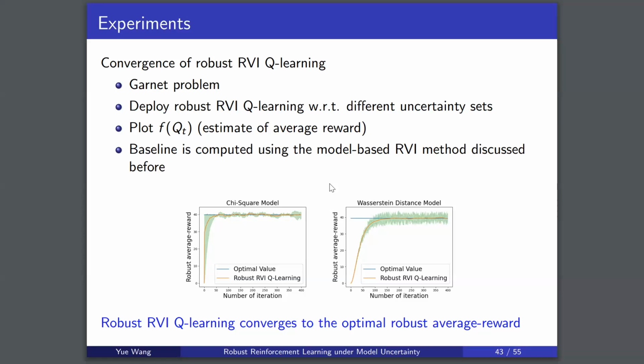The blue curve here is the baseline, which is computed using the model-based RVI method, which we discussed before. So the blue line here represents the optimal robust average reward function, and the result shows our algorithm will converge to this baseline, which means that our algorithm can converge to the optimal robust policy and the optimal robust average reward. It hence verified the convergence of our algorithm.